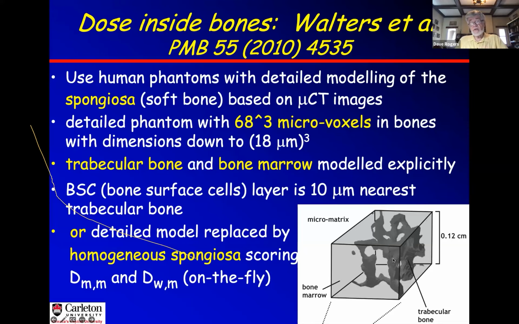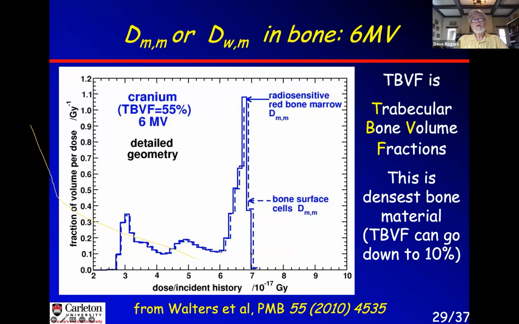And they did the calculation just using a homogeneous set of voxels. And they could calculate the dose to the medium, this homogenized medium, or they could calculate the dose to water in that medium, and they could do it on the fly. It's the equivalent of using the stopping power ratio.